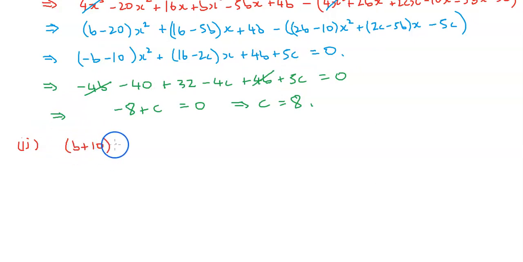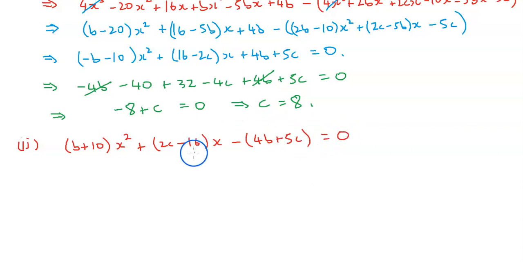So (b plus 10) times x squared plus (2c minus 16)x, and then minus (4b plus 5c) equals 0. So there are stationary points at any value of x which solve this equation here.